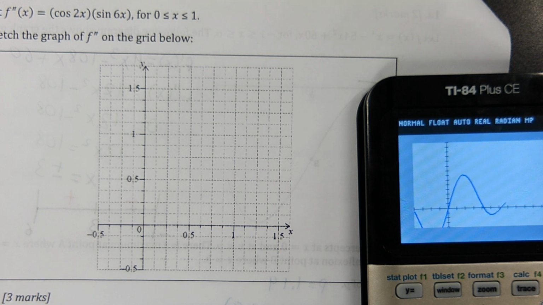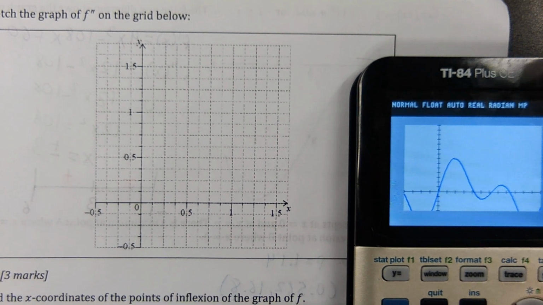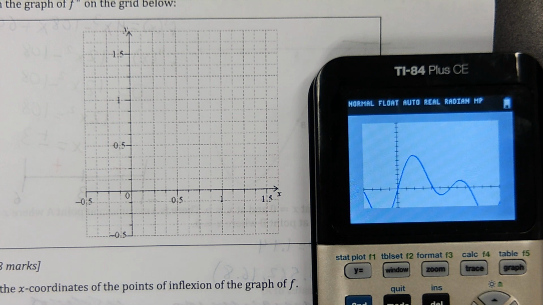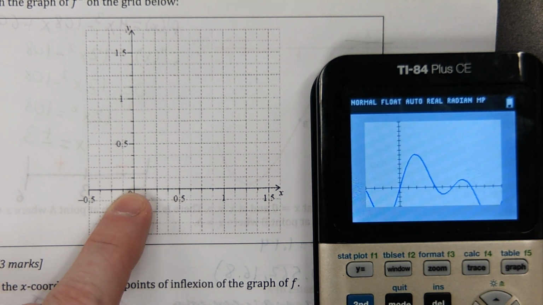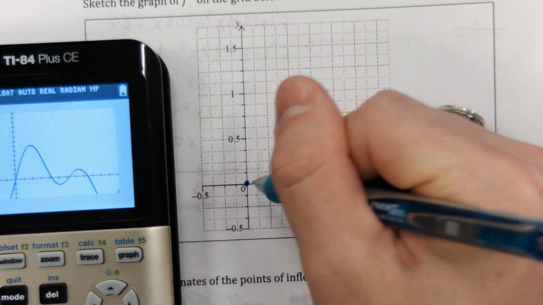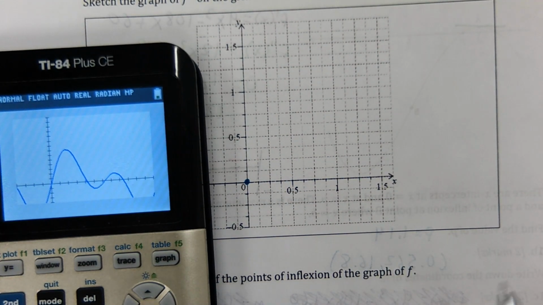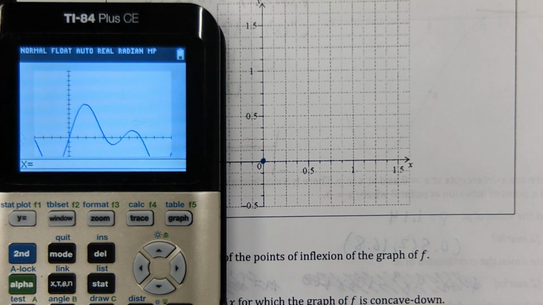I wish the graphing calculator had numbers on its axes. You have to be careful though, because you were only allowed to go to x equals 1. So you have to start at x equals 0, and we can see it crosses through the origin at x equals 0. And I want to know where it is at x equals 1, so I go second trace value, and I plug in 1.